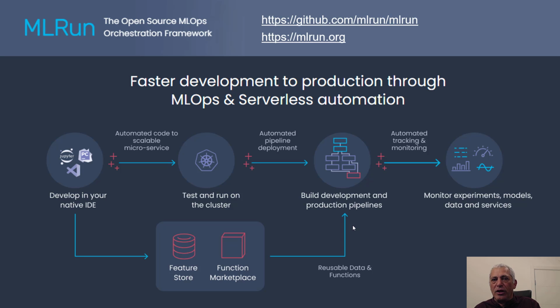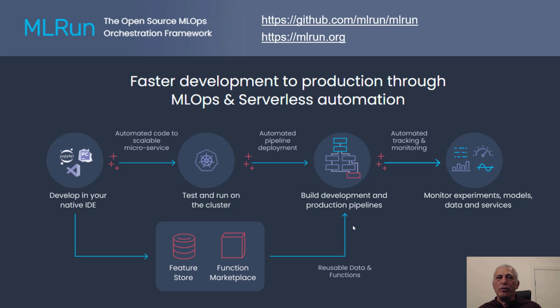Once you have this pipeline working, you have to essentially go and monitor everything that happens there, the activities, the performance, the results, and so on. So essentially, you have a full workflow, starting with development, automatically translating your code into microservices, stitching a bunch of microservices into a pipeline using some backend engines like Kubeflow or Nuclio serving, and then finally monitor.